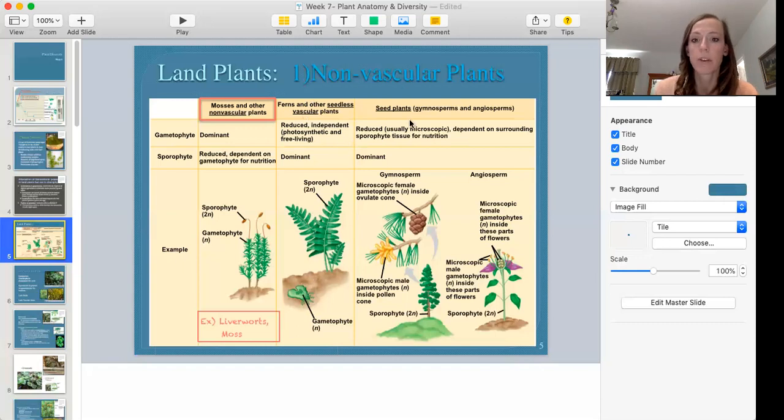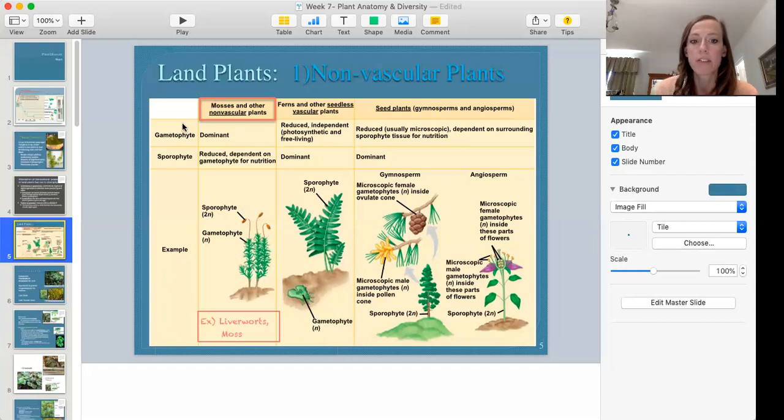Okay. Now, if we look at our seed plants, like all of the tall trees that you see, all of the garden vegetables and fruits, all of those plants are seed plants, and they have a dominant sporophyte generation, just like the seedless vascular plants. But in this case, the gametophyte generation is so small, it's usually microscopic, and it is in this case dependent on the sporophyte for survival.